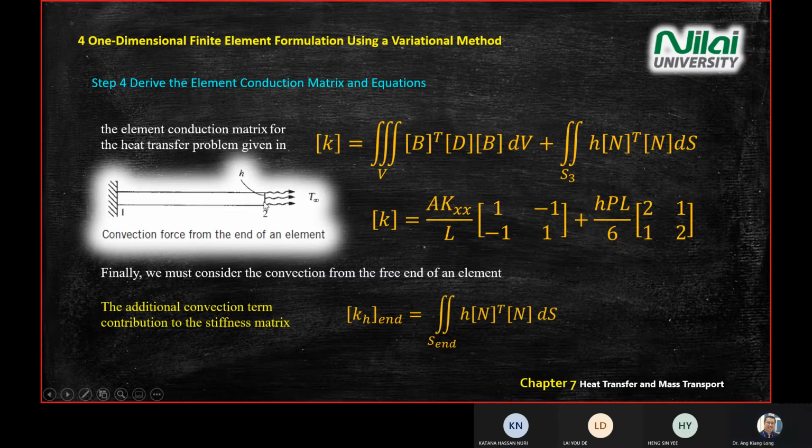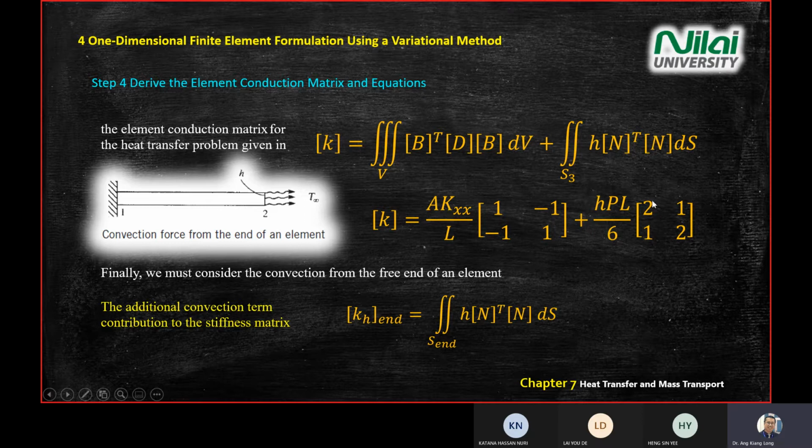Another scenario is when you have an open-ended convection. If you have an open-ended conducting medium and the end is transferring some heat out, you need to add this equation at the back of the equation. This term is for conduction.